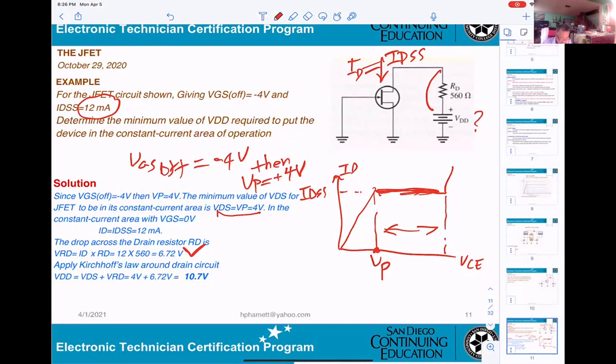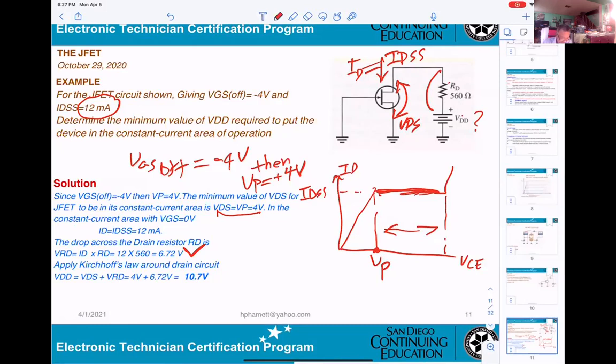That means the voltage across RD equals 6.72 volt. Okay? And now the power supply voltage will be equal to the voltage across RD added to the voltage VDS here. And VDS, you understand, equals 4 volt. That is VDS right here.